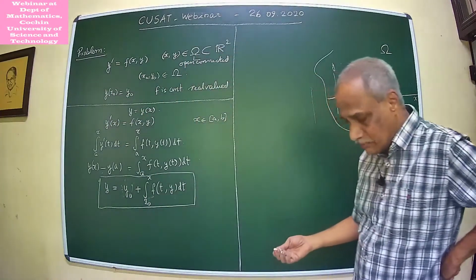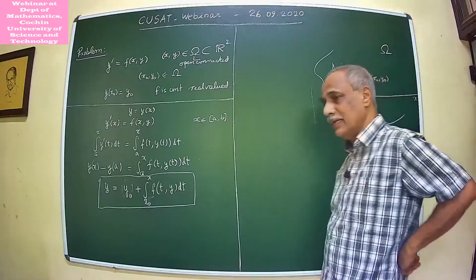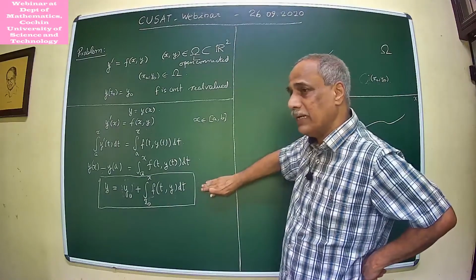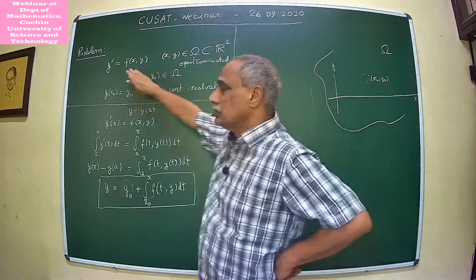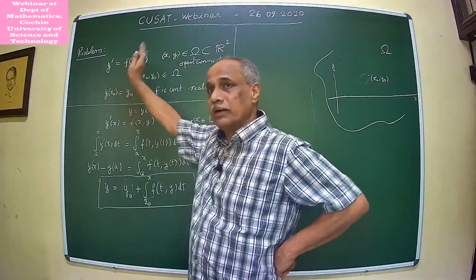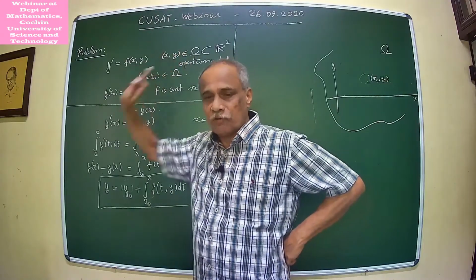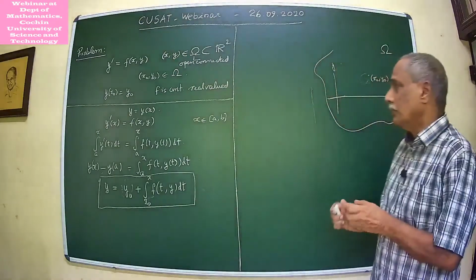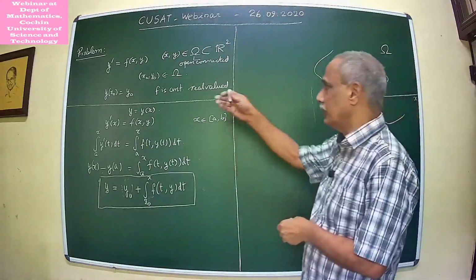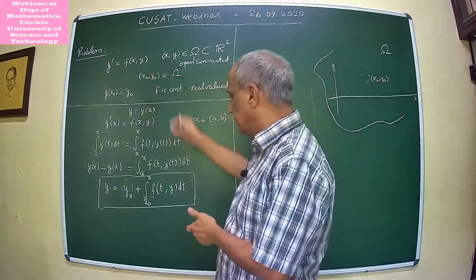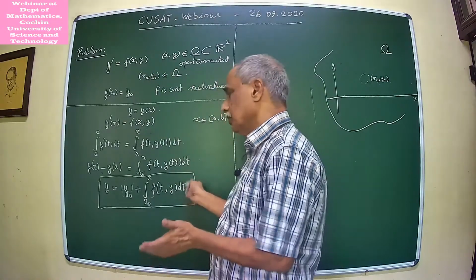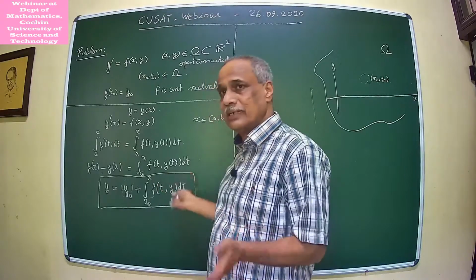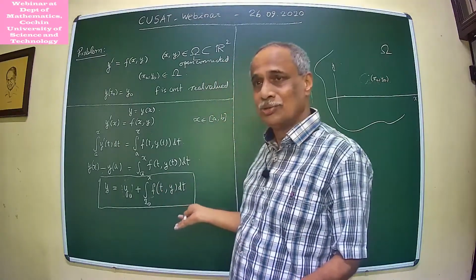Therefore, it's very clear that this integral equation is completely equivalent to the initial value problem that you have. So if you are interested in finding out whether there exists a solution for the initial value problem, then it is enough to work on this integral equation and show that it has a unique solution.